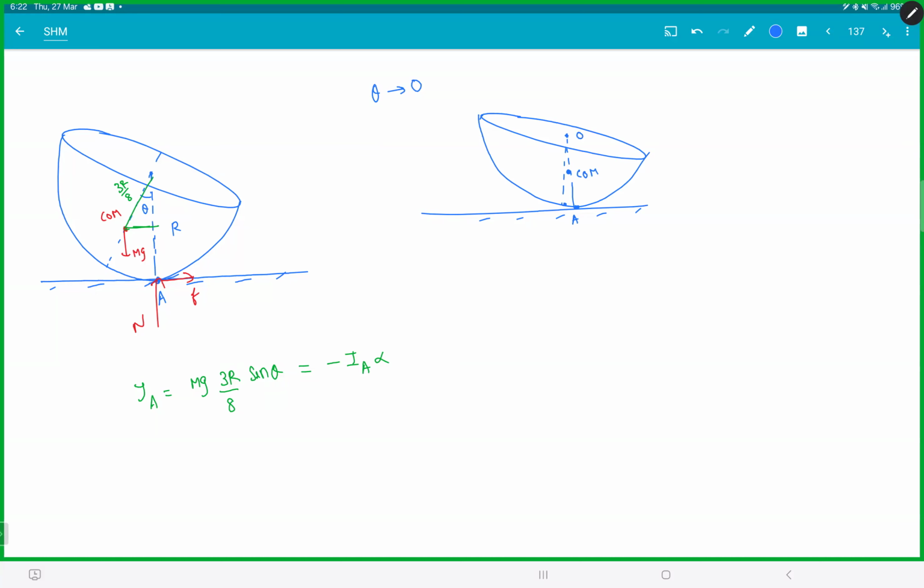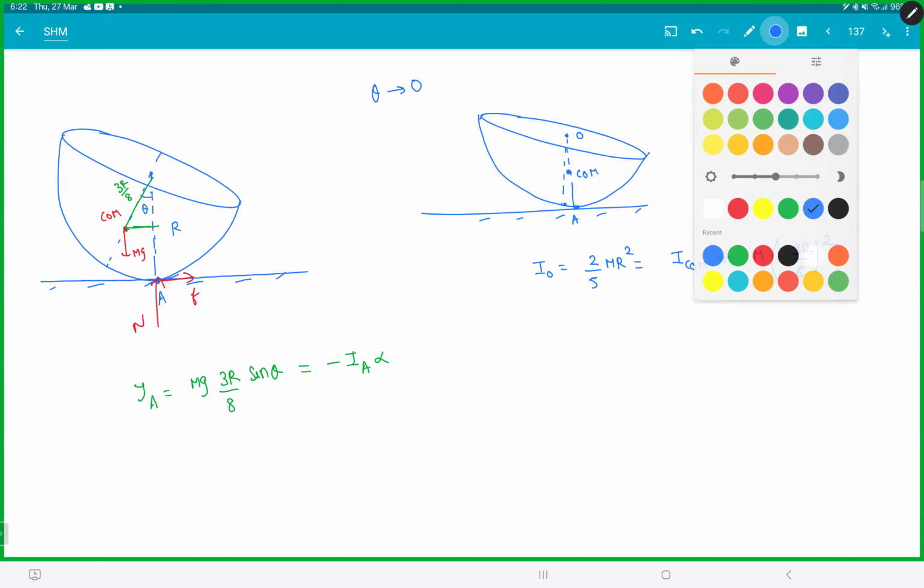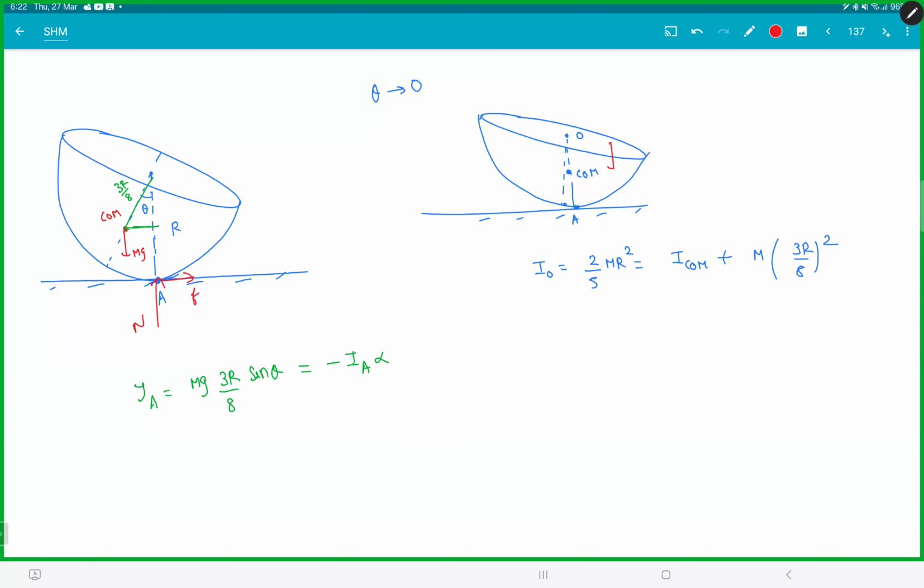This is O. This is A. We know IO is 2 by 5 mr square, solid sphere, which is ICOM plus parallel axis theorem. This is 3r by 8 and this is 5r by 8. You want about IA? That is I center of mass plus m into 5r by 8 whole square. Subtract them.